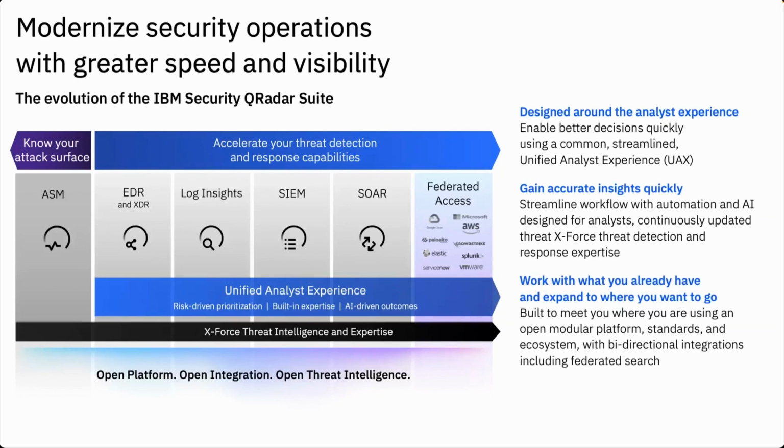What you see is the ASM, known for attack surface management, the one that we talked about, also otherwise known as Randori. We have EDR, XDR, we have log insights, we have SIEM, and the SOAR, and then federated access.